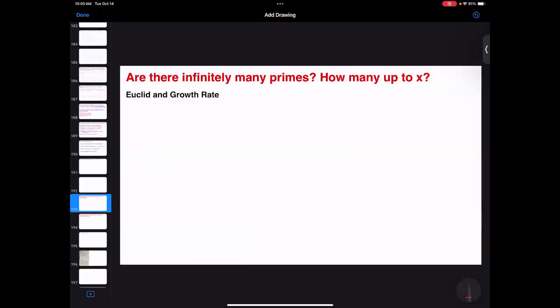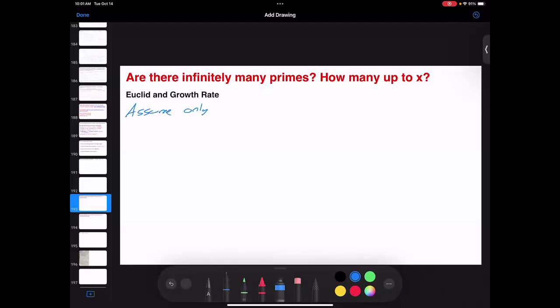We want to study primes, we want to use primes. How many do we have to play with? Are there infinitely many? Do they happen infinitely often? So the first proof goes all the way back to Euclid. Copyright has clearly expired. Assume only finitely many. So we can list them all, P1, P2, P3, all the way up to Pn.